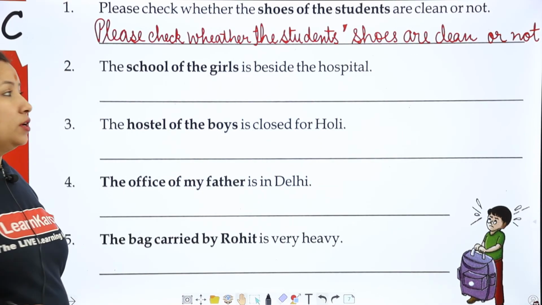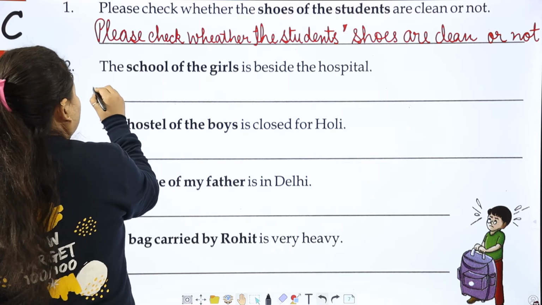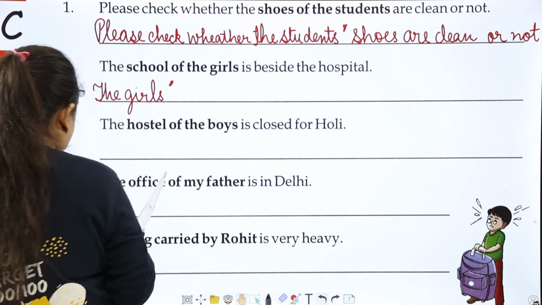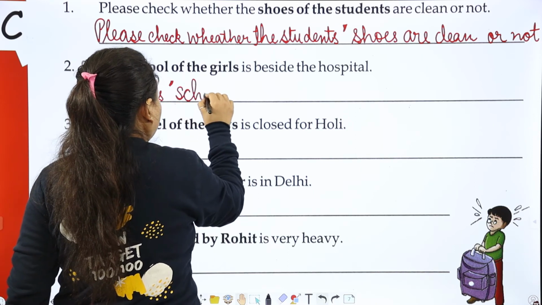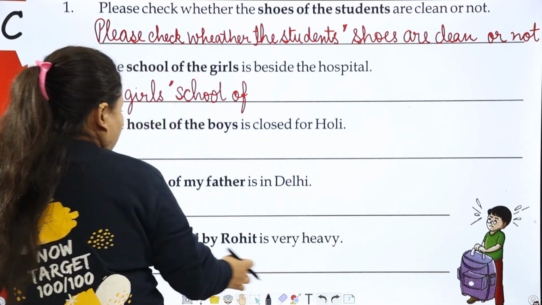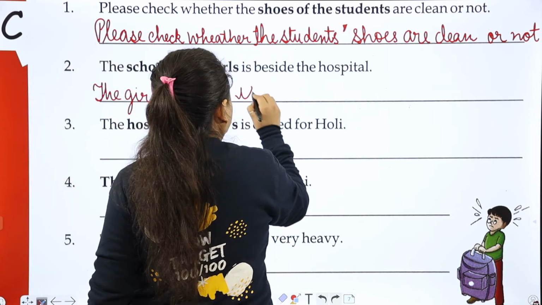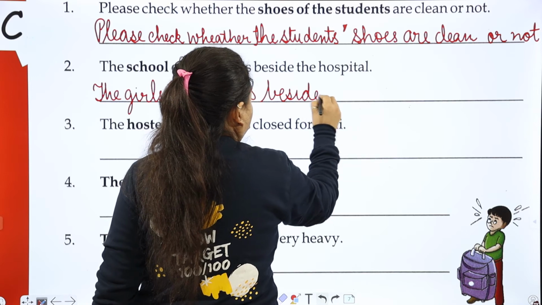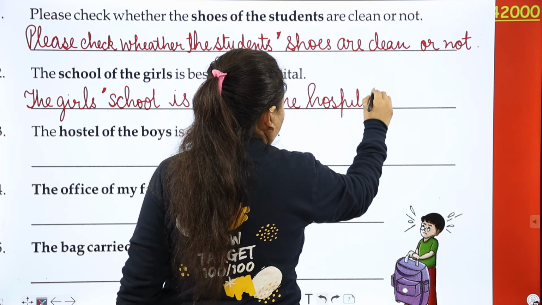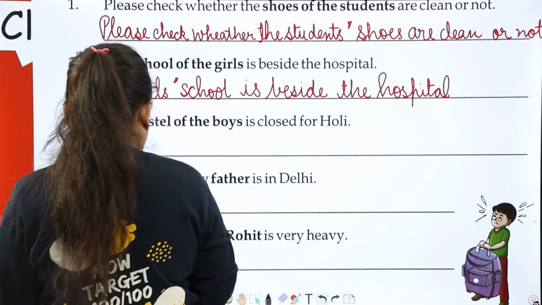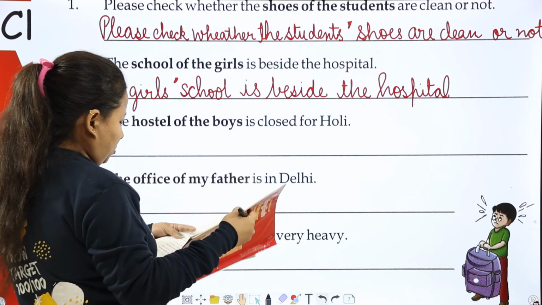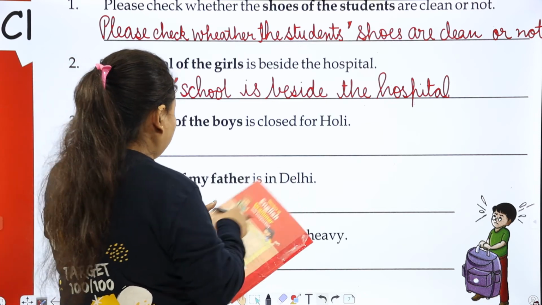Next is the school of the girls is beside the hospital. So the girls' school is beside the hospital. Next is the hostel of the boys.